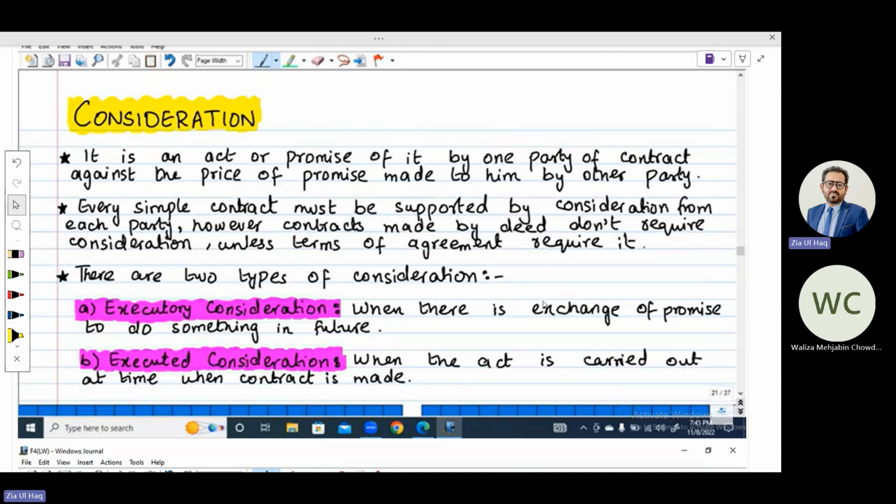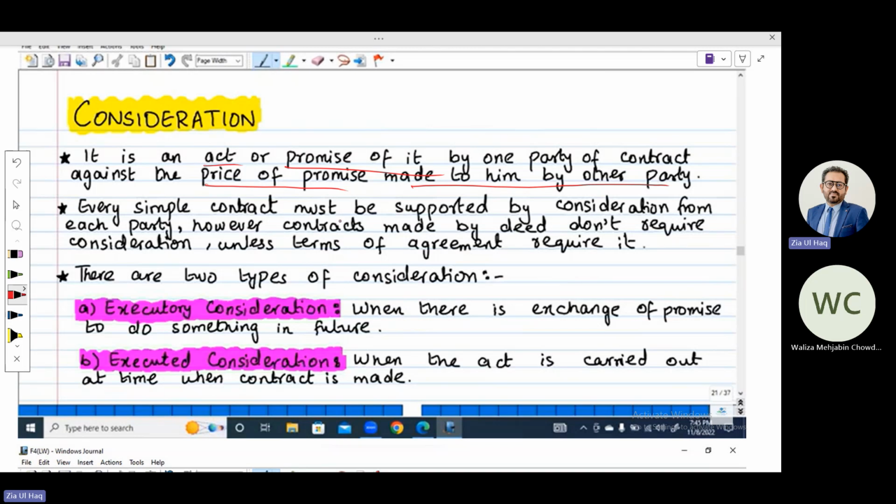It is an act or promise by one party to the contract against the price or promise made to him by the other party. One party promises I will do this against this money, or I will deliver this good against this other money. These are called consideration.